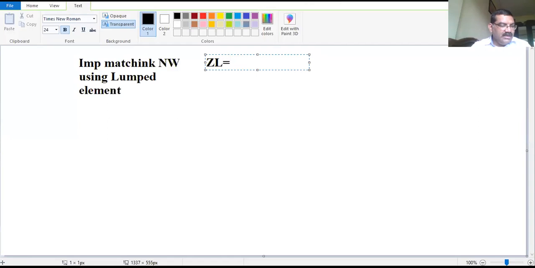ZL equals what? ZL is given as 10 plus j10 ohm. Okay, 10 plus j10. This is the ZL, and you have to match with what?